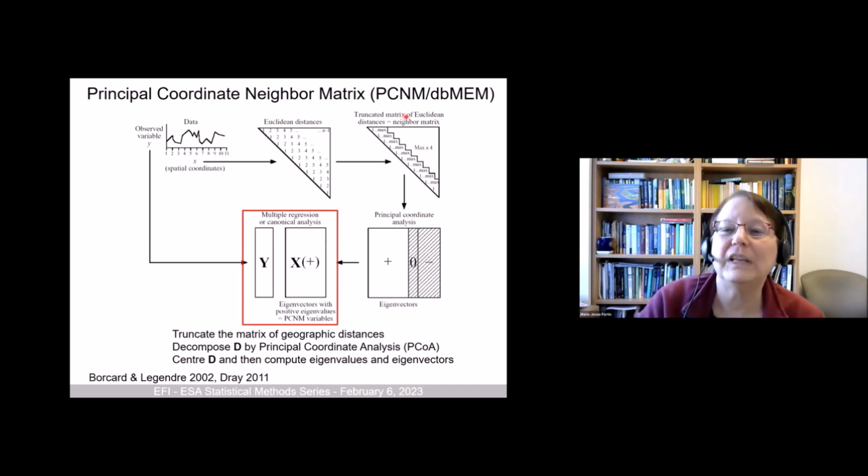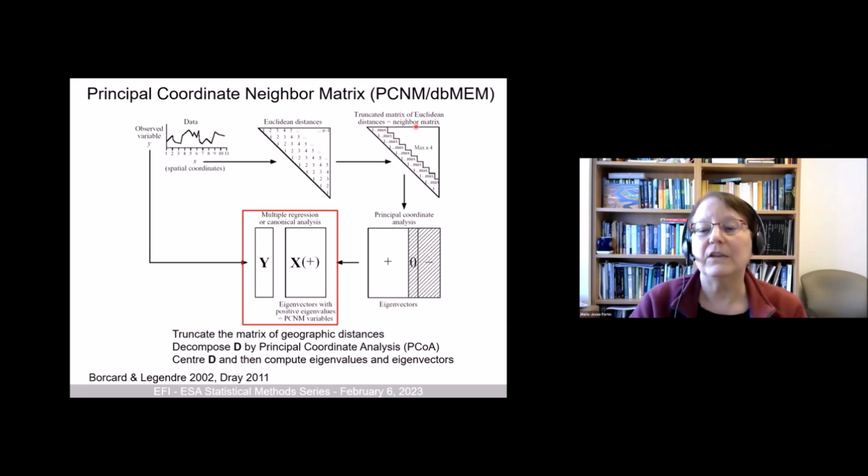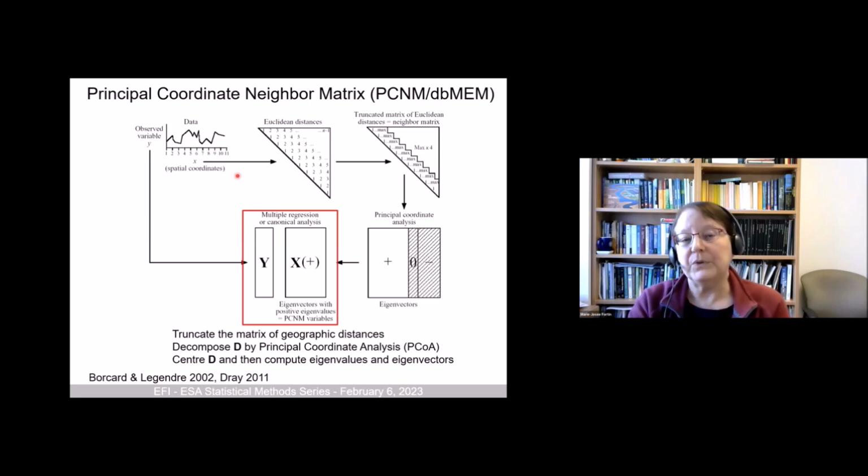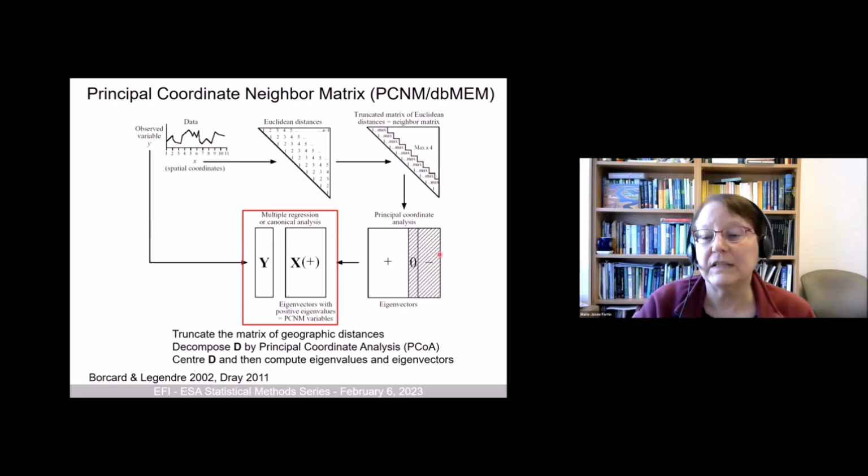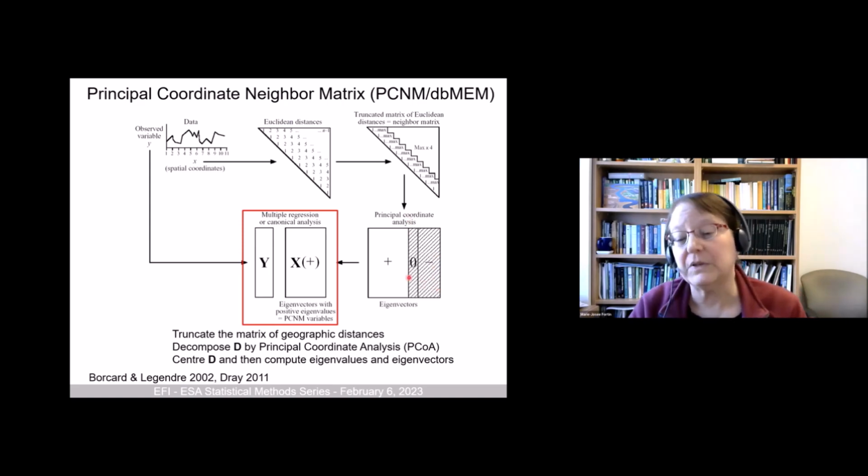So you do this truncated Euclidean distance of neighboring values, and you use a principal coordinate analysis to get the eigenvectors of each sampling location based on the Euclidean distance between them. With principal coordinate analysis, you usually have negative values, you definitely have a 0, and positive values.